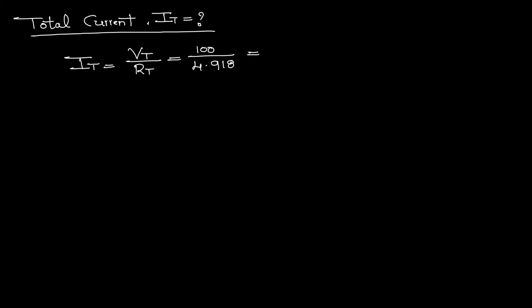If you simplify 100 divided by 4.918, then you will get the current flowing in the given circuit as 20.3334 amps. Okay, so this is the total current flowing in the given network.